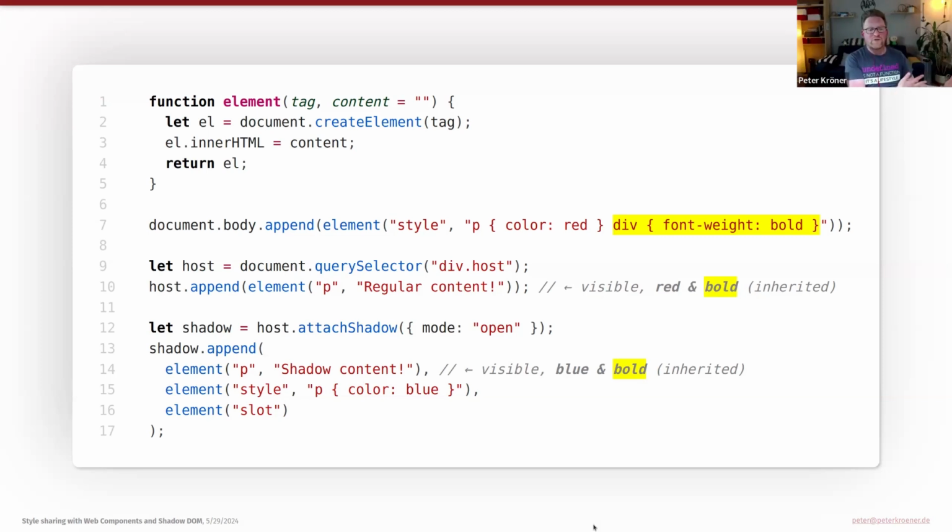And the shadow content turns blue because the style rule for p color blue applies to it, because they both share the same shadow root. But it's also going to turn out bold because this style gets inherited. So this is basically how CSS works with shadow DOM in a nutshell.